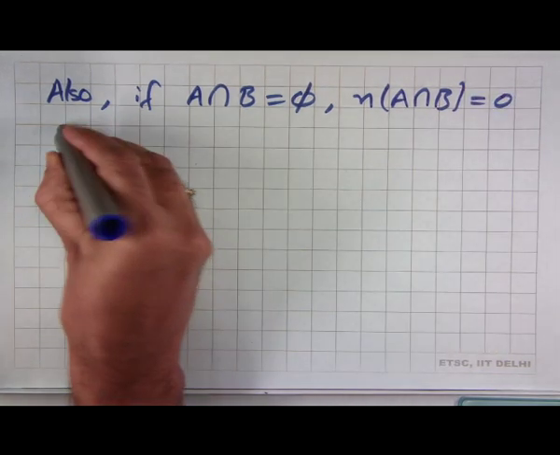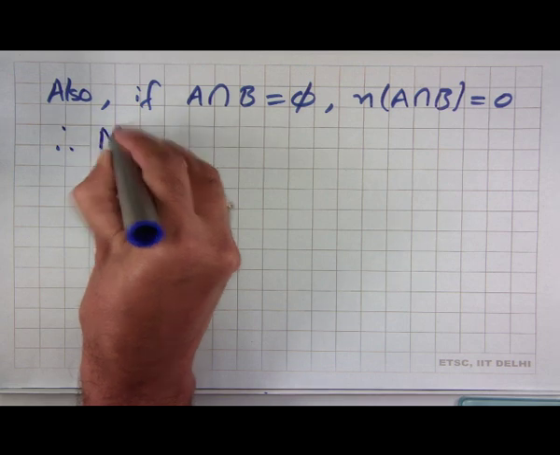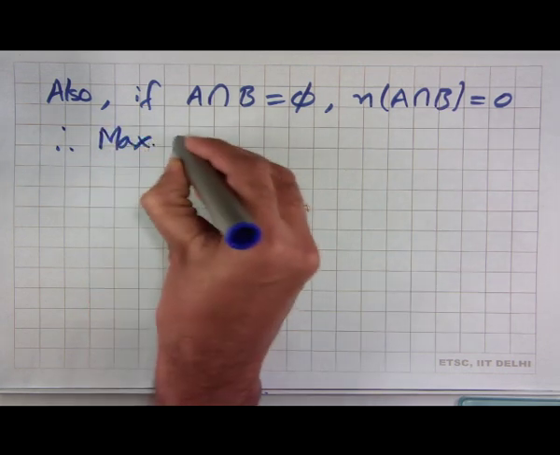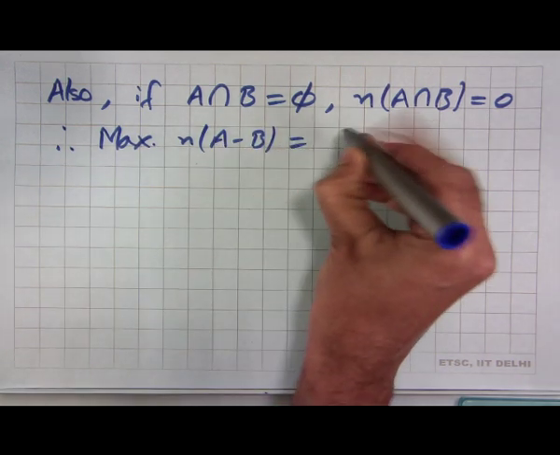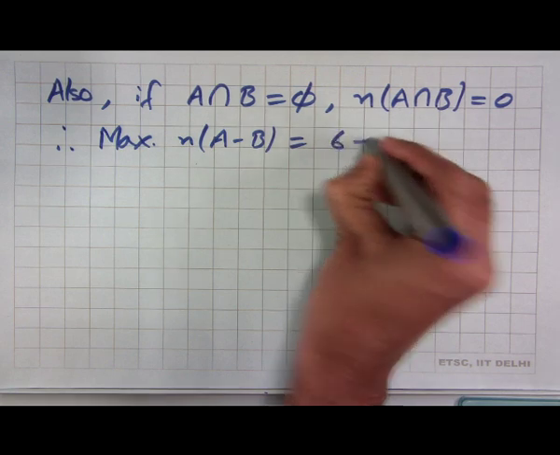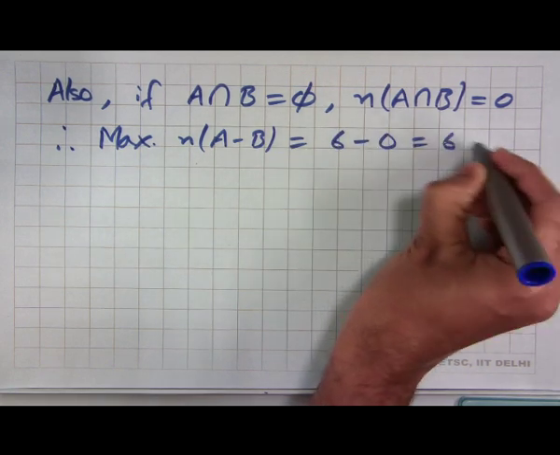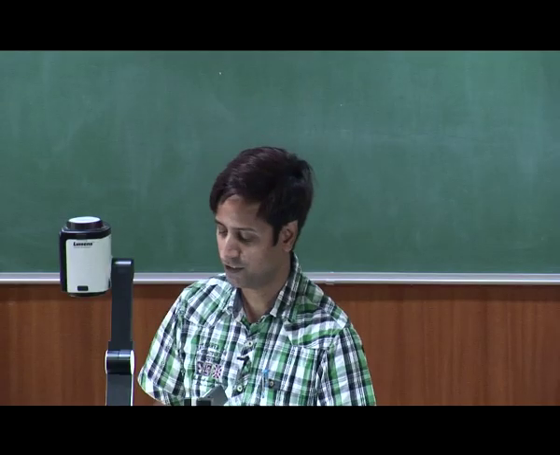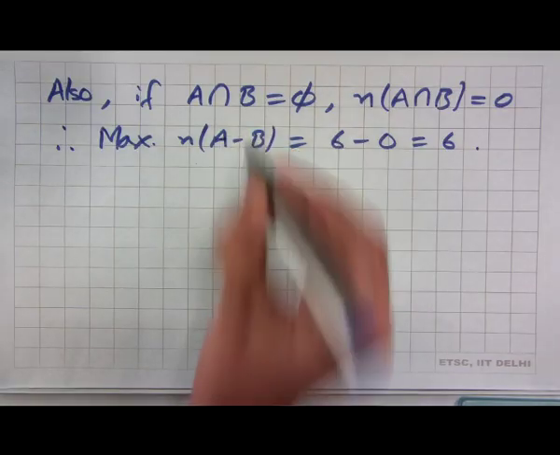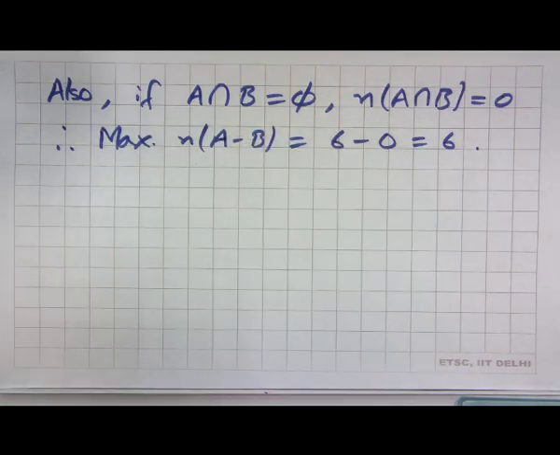So, therefore, the maximum value of n of A minus B, this will be equal to 6 minus 0, which is equal to 6, right. Because if A and B are disjoint, then in that case the number of elements in A minus B is same as number of elements in A.